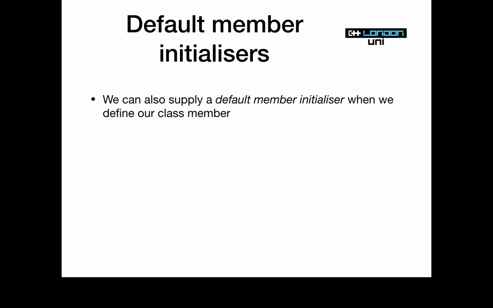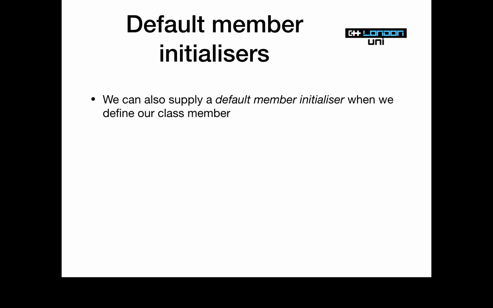And if it hasn't got a default initializer either, then it gets default constructed, which means a default constructor if the class has one. Otherwise, if it's a built-in type, some random unknowable value. So if I call point with a value, it will get the value.